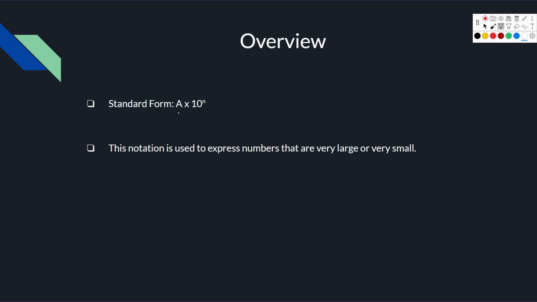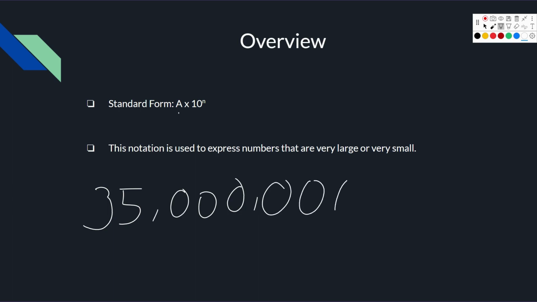So, for instance, if we had the number 35 million, this is a very long number to write out. So, for scientific notation, what you're going to do is put the decimal point right here, between the 3 and the 5.